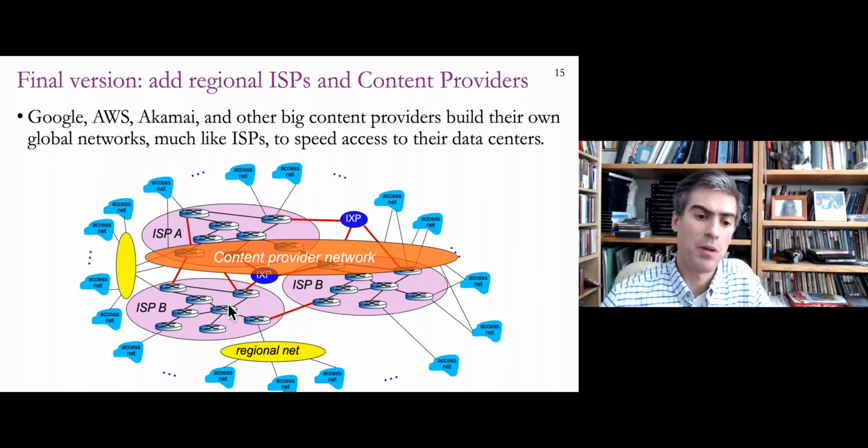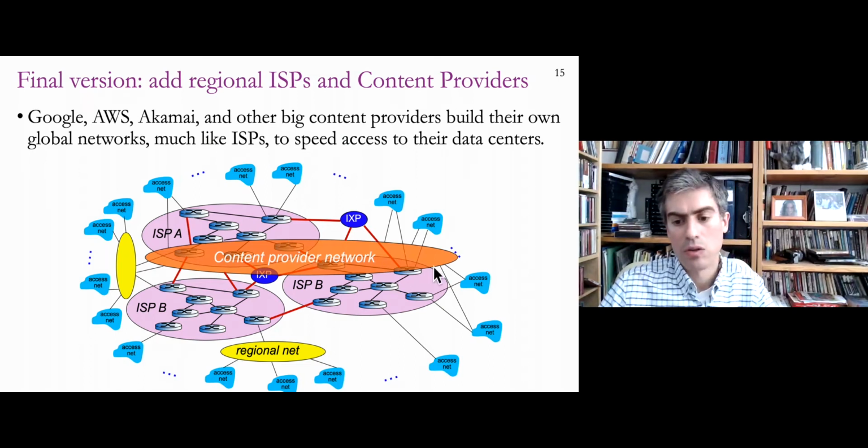In order to make their services faster to customers around the world, they have actually built their own global network to connect their data centers around the world so that they can move their own data around the world as quickly as possible, and so that customers can more quickly access their data.